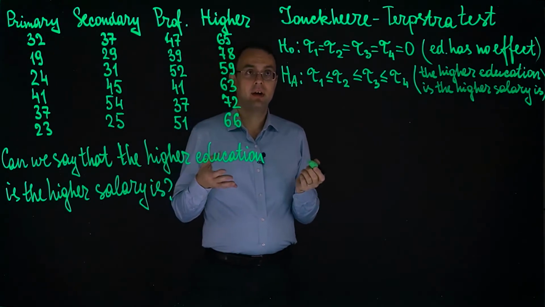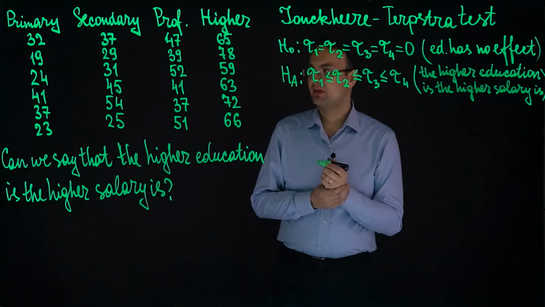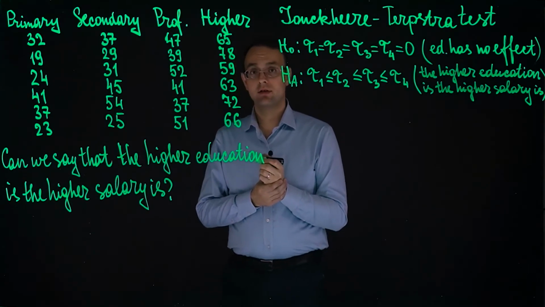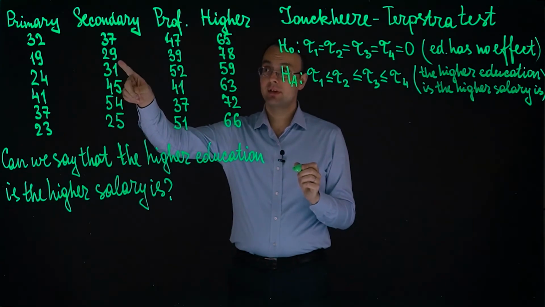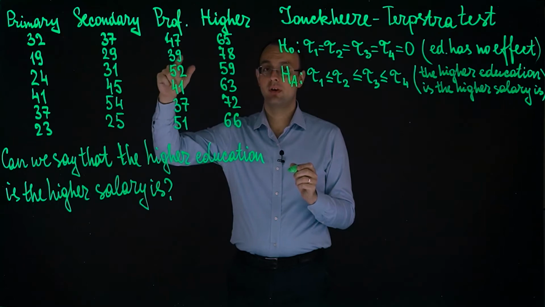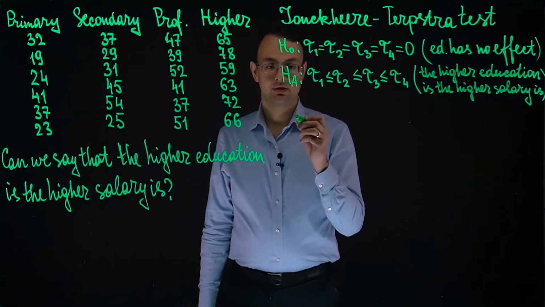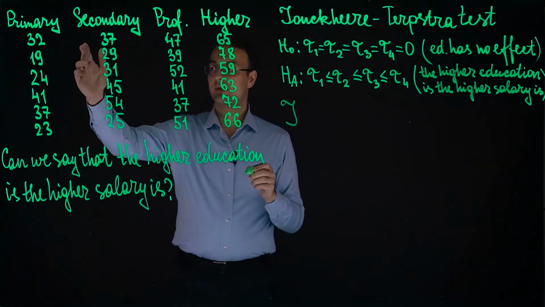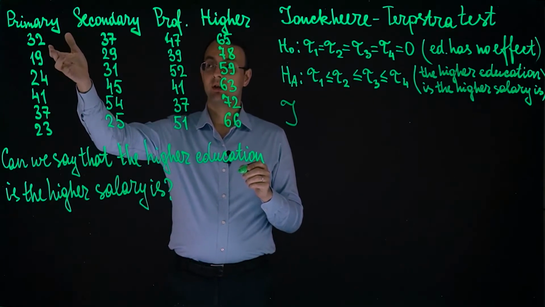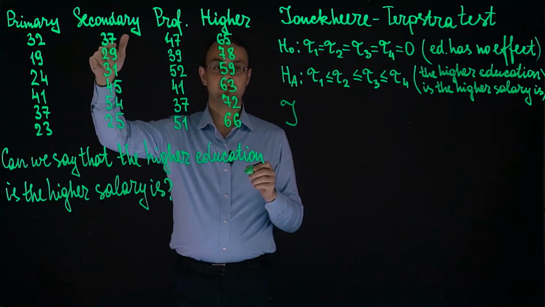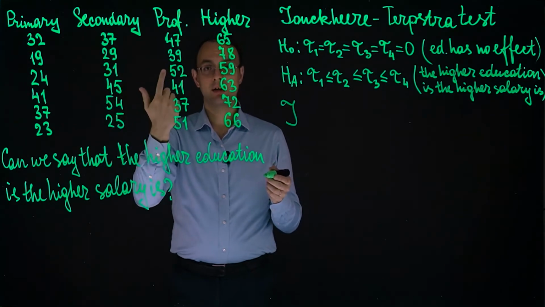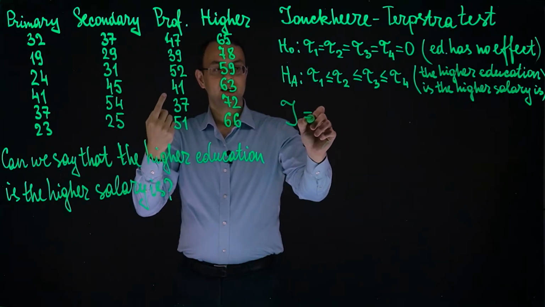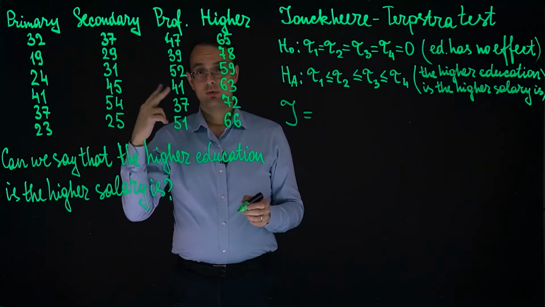Now, when we use the Jonckheere-Terpstra test, we are to compare every observation with all others. When we compare, if the number to the left is less than the number to the right, we add 1 to our counter. If they are equal, we add 1/2.